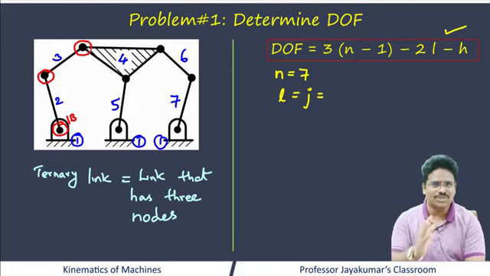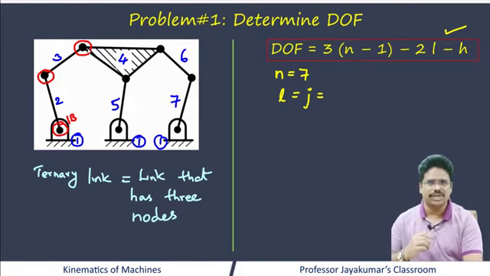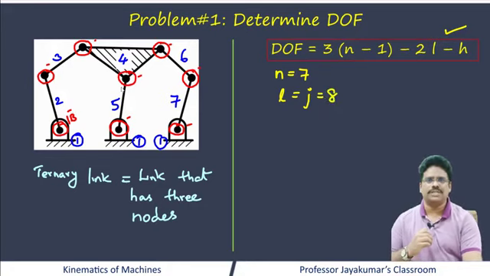Do not get confused as if it is a ternary joint. Now 4 and 5 binary, 1 and 5 binary, 4 and 6 binary, 6 and 7 binary, 7 and 1 binary. Calculating them, I have 1, 2, 3, 4, 5, 6, 7, 8. So I have J equal to 8.